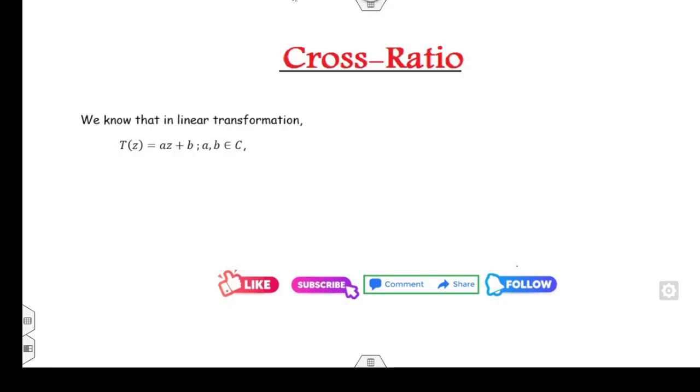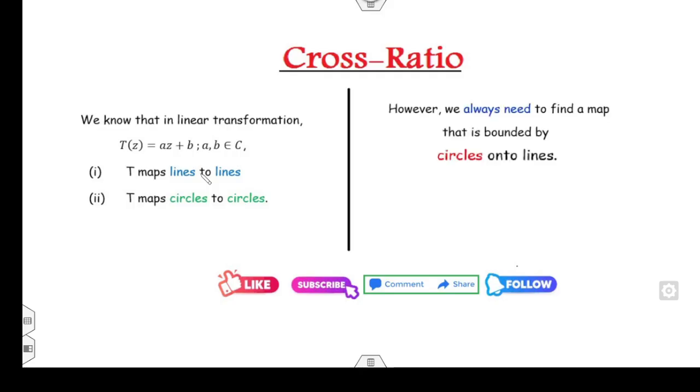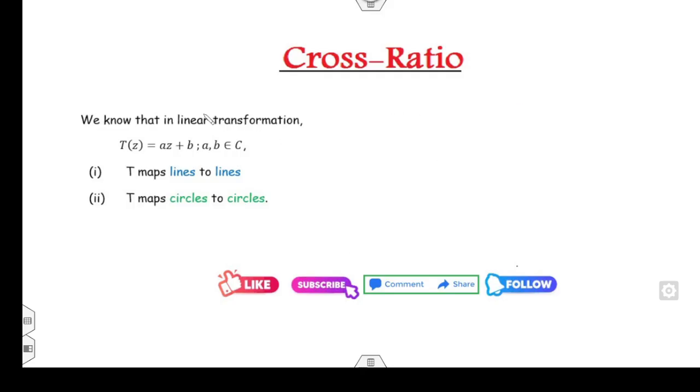Now what we have discussed so far, we have learned the concept of complex linear transformations, which are defined as a map az plus b. Under this map, the mapping T maps lines to lines and circles to circles. However, a complex linear transformation does not map a circle, like if this is my circle, to a line.